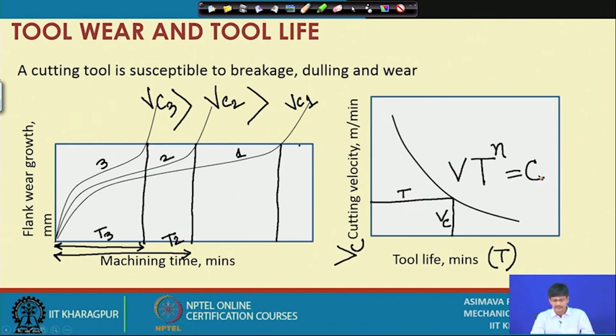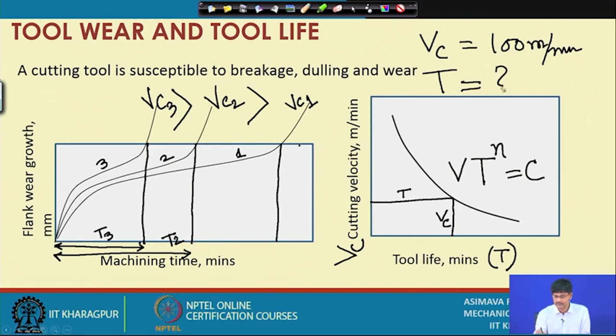For example, if I use a certain cutting speed in meters per minute, I have to find out the corresponding tool life for it. How can I do that?